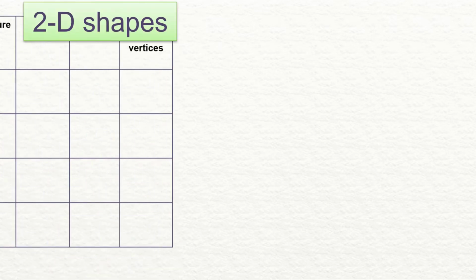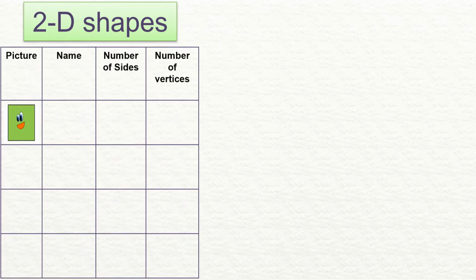Now let's know more information about 2D shapes examples. Here we have square. We want to know the number of sides. What's meant by side? The side is a line segment. So here we have how many sides? 1, 2, 3, 4. 4 sides. And how many vertices?